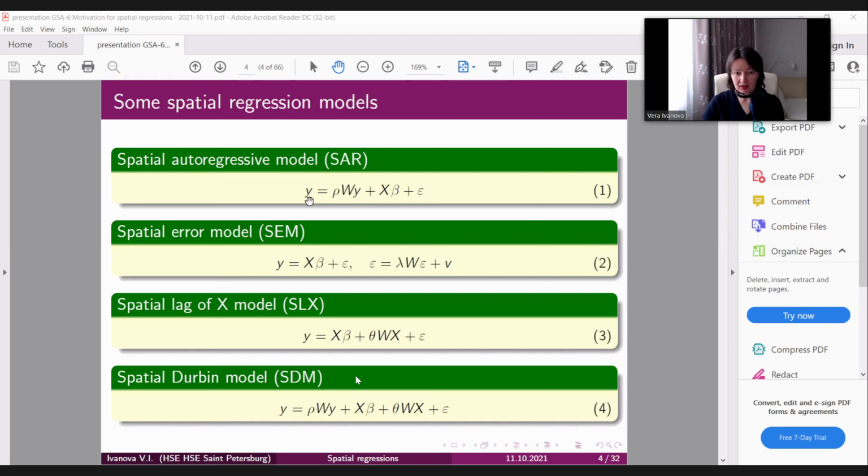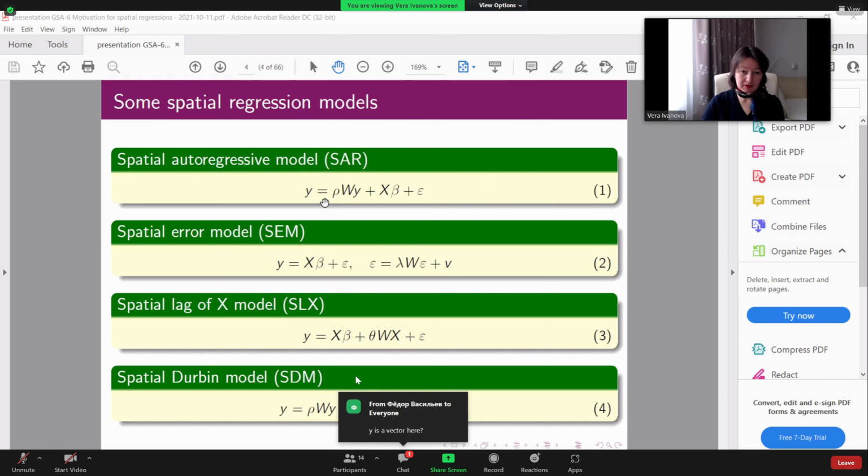Autoregressive, that is, our dependent variable depends on its autoregressive term, which is formed by spatial weights. Then we can explain the model like this. The dependent variable for my region depends on values of a dependent variable of neighbors and the explanatory variables of my region.